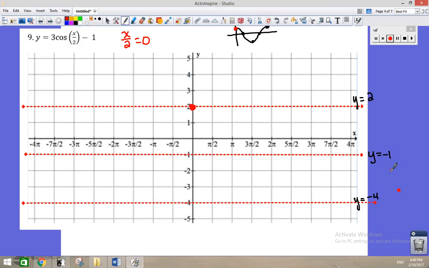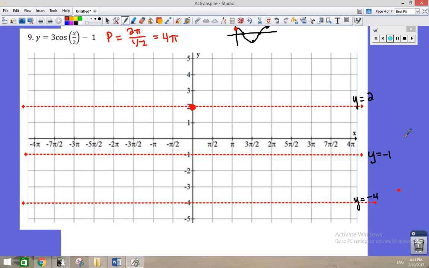Now, let's determine what the period is. The period is always 2 pi divided by the coefficient in front of x. In this case, it's 1/2. And to divide by 1/2 is the same as to multiply by 2. So the length of this period is 4 pi.